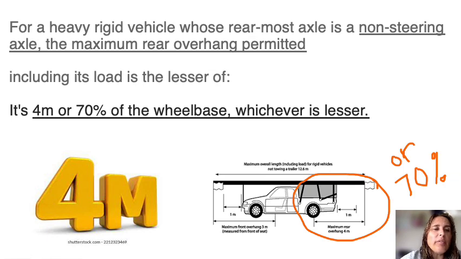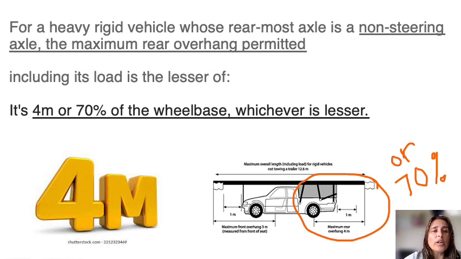So for a heavy rigid vehicle whose rearmost axle is a non-steering axle, the maximum rear overhang permitted, including its load, is 4 meters or 70% of the wheelbase, whichever is lesser.